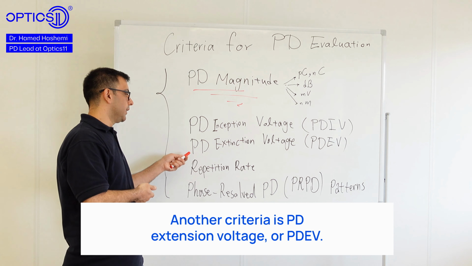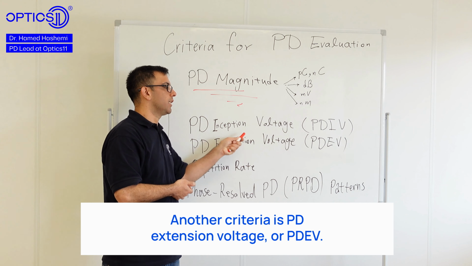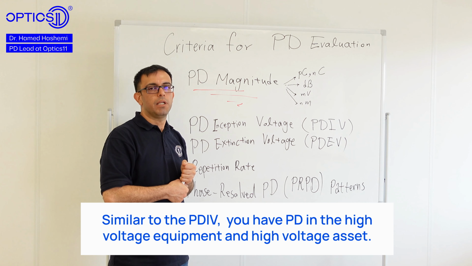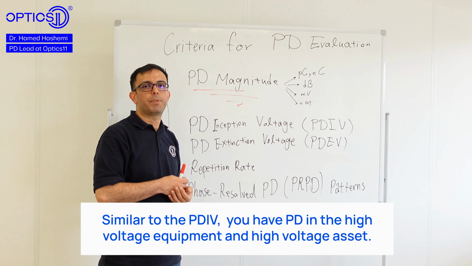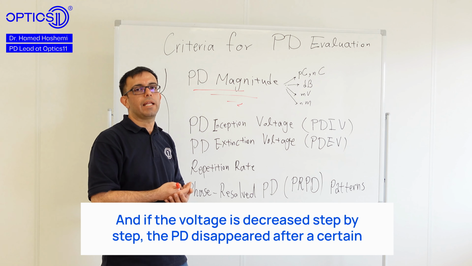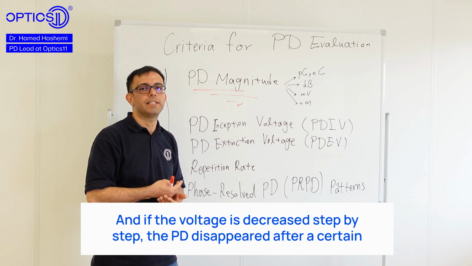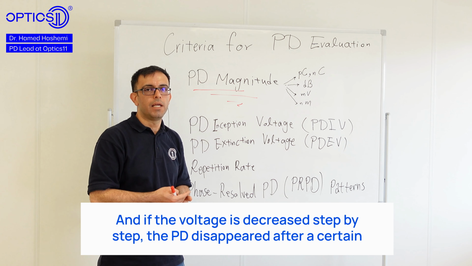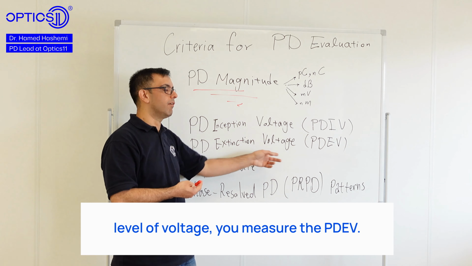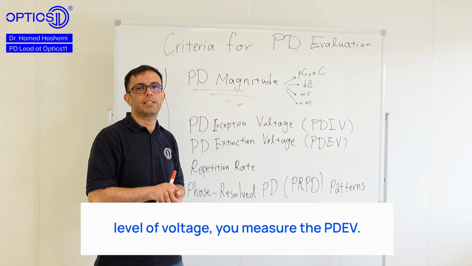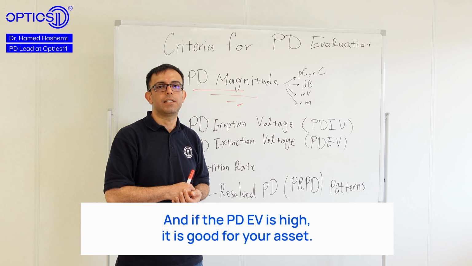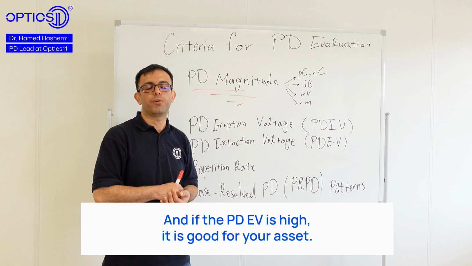Another criteria is PD extinction voltage or PDEV. Similar to the PDIV, you have PD in the high voltage asset, and if the voltage is decreased step by step, the PD disappears after a certain level of voltage. You measure the PDEV, and if the PDEV is high, it is good for your asset.